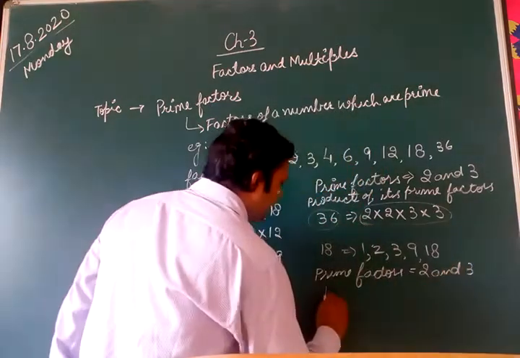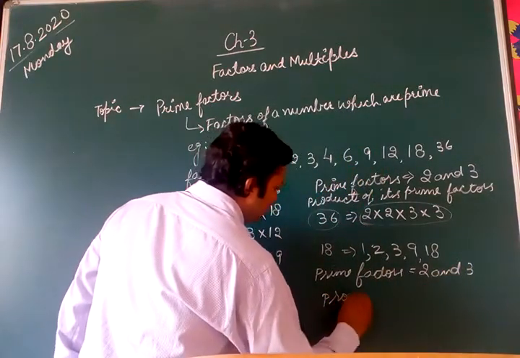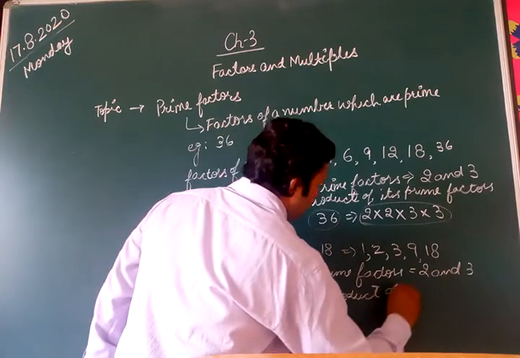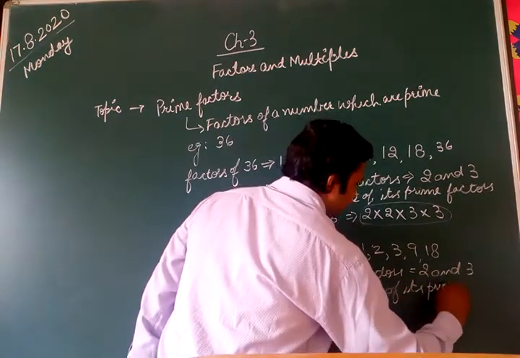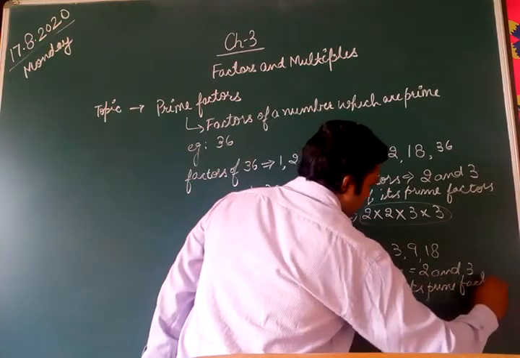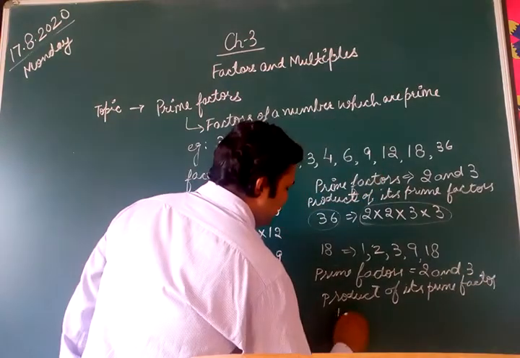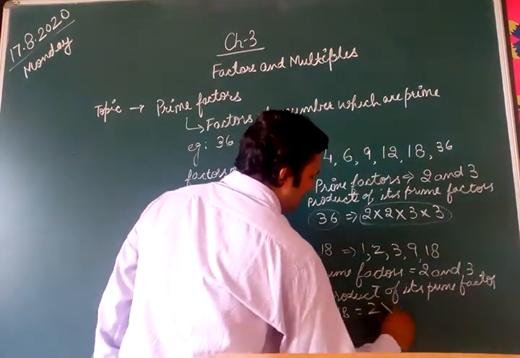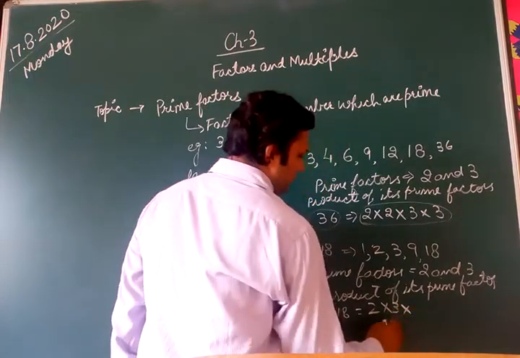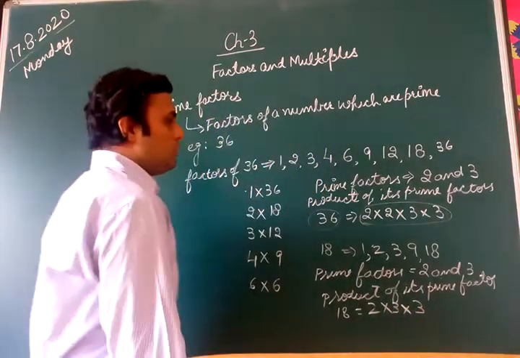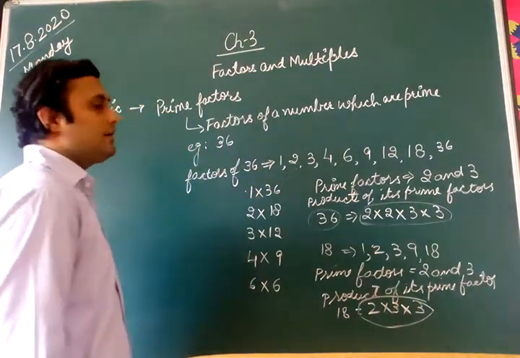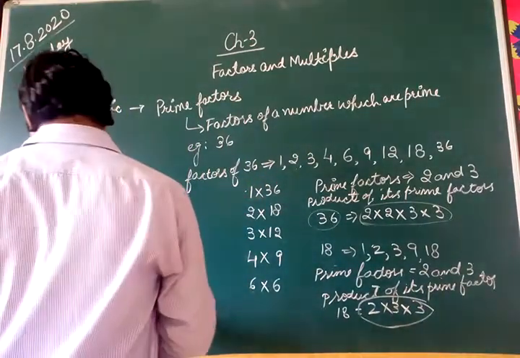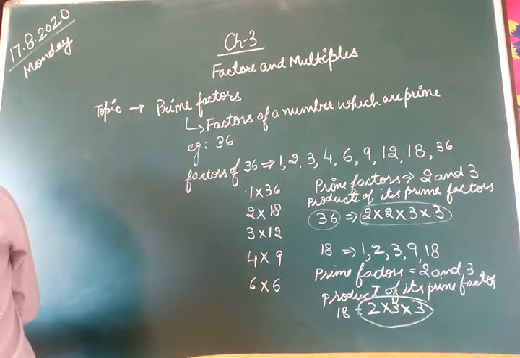If we talk about the product of its prime factors, you can write that 18 is 2 multiplied by 3 multiplied by 3. So this is the product of its prime factors. In this way we will find the prime factors.